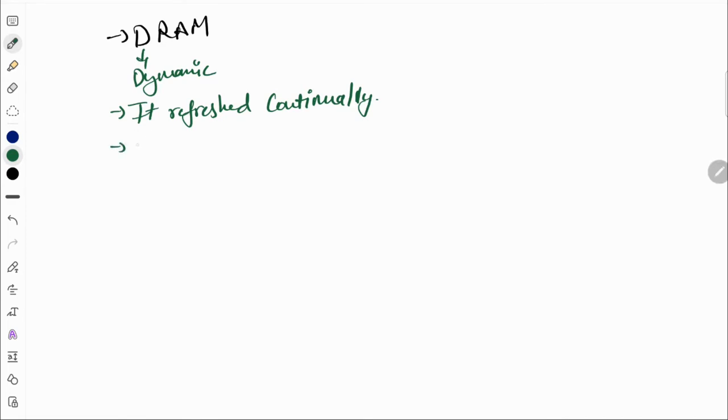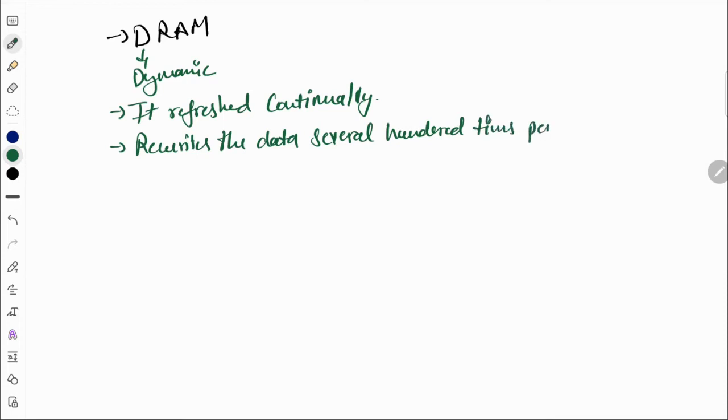DRAM is made up of memory cells which are composed of one transistor and one capacitor.